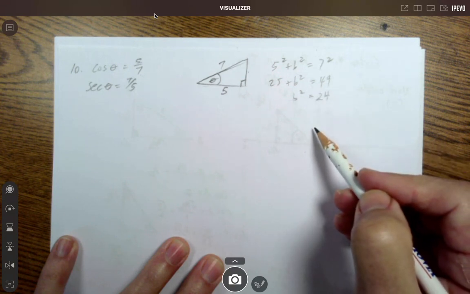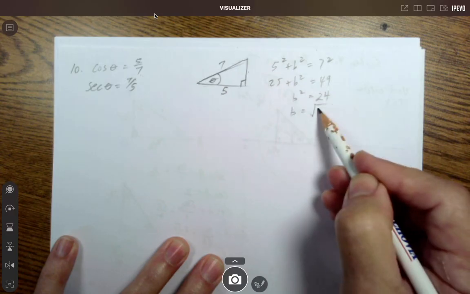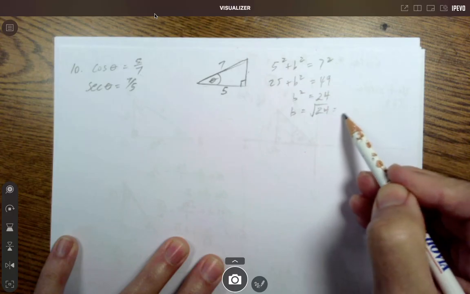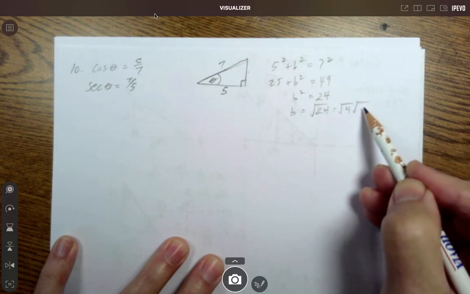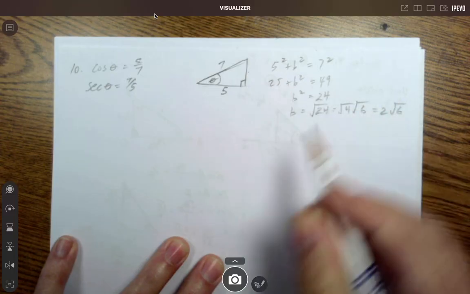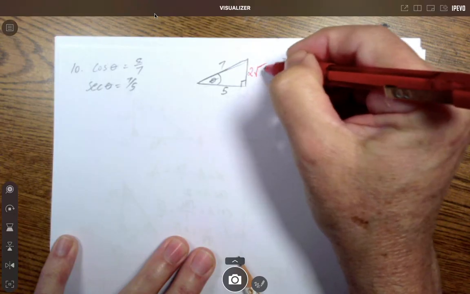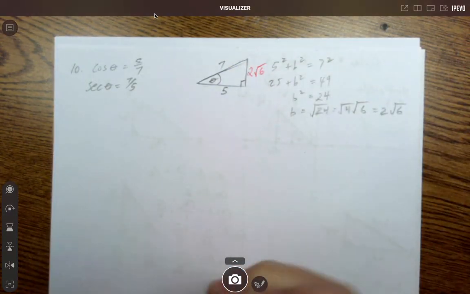Right? And therefore b is the square root of 24. Now 24 can be simplified to 4 and 6. And square root of 4 is 2, so that's 2 square roots of 6. So this number right here is 2 square roots of 6.